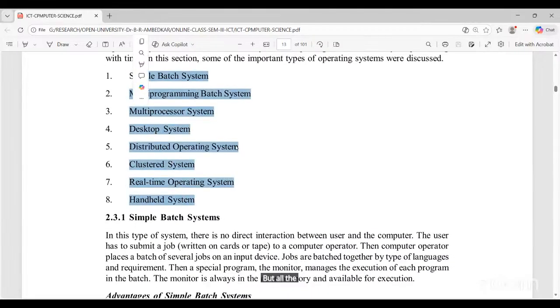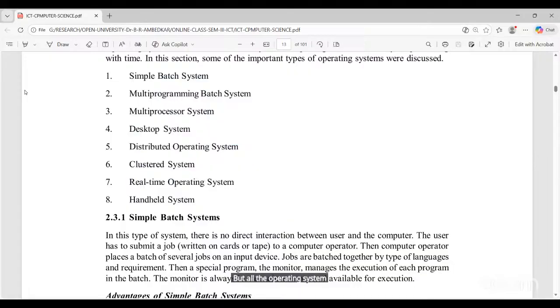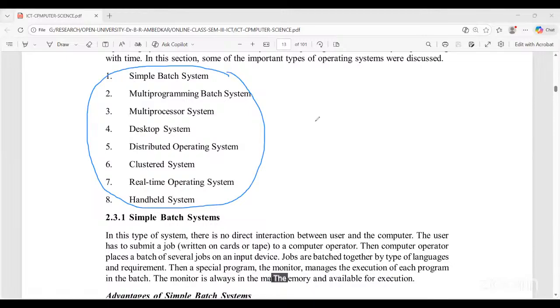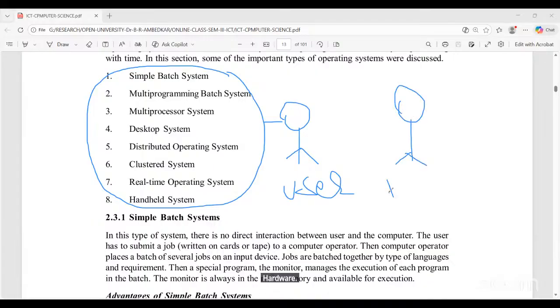But for all these operating systems, the purpose is to be the bridge between the user and the hardware.